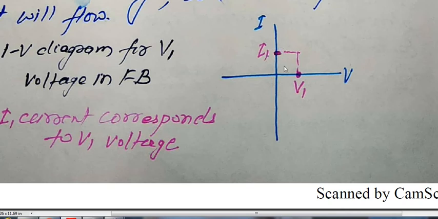So corresponding to V1, we are getting I1 current. Next we are going to see what will happen if we increase our voltage from V1 to V2 in the forward bias condition.